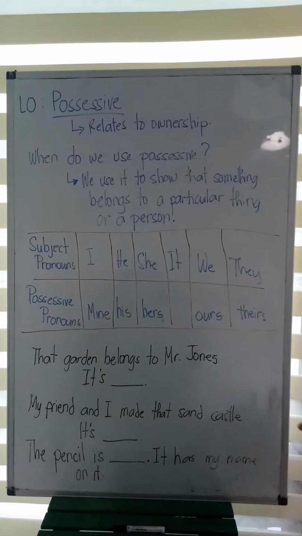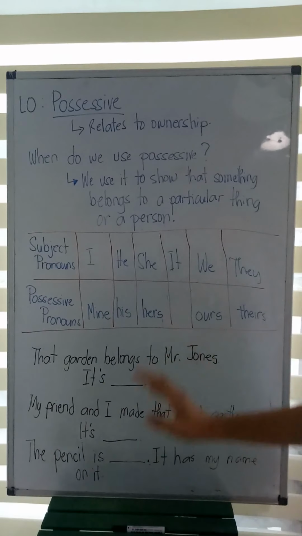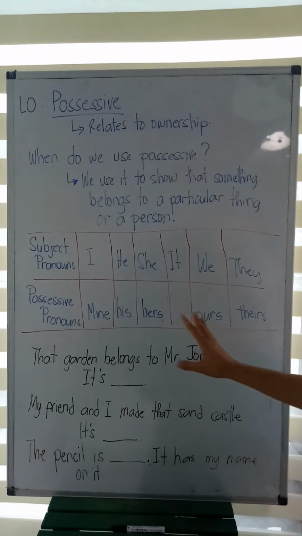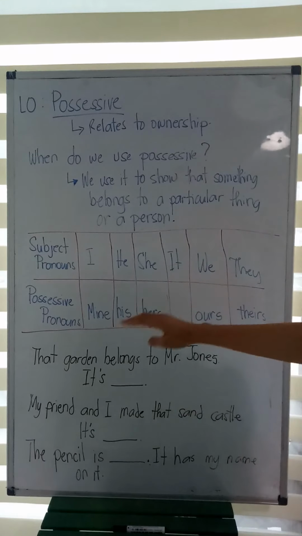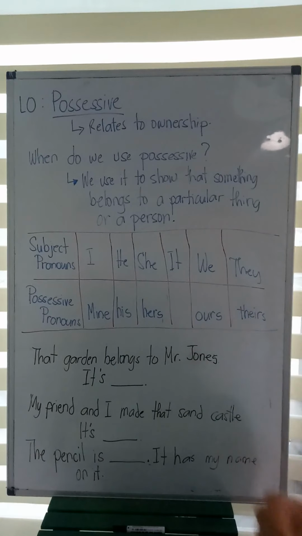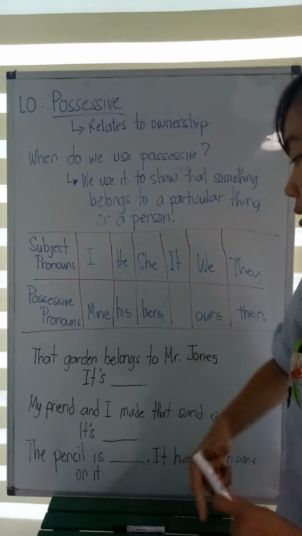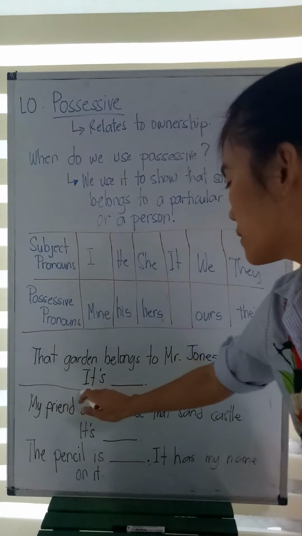There will be sentences given, and you have to understand the sentence. Who are we talking about here? Who's the subject in the sentence? Especially since we're talking about possessive pronouns, you have to think who owns something.